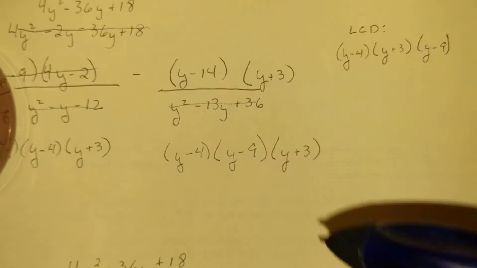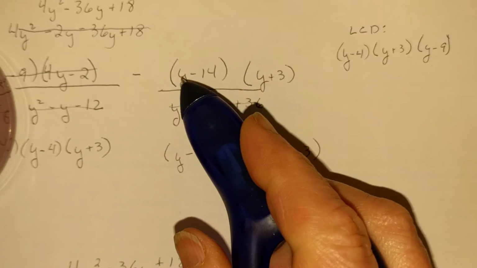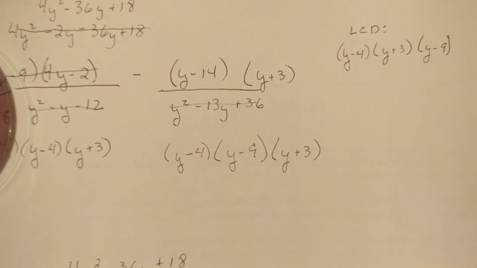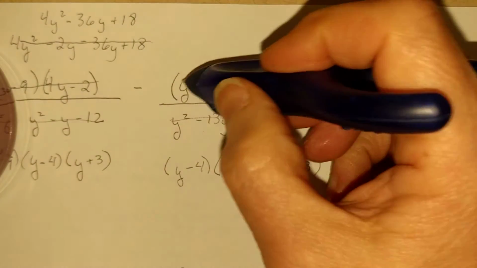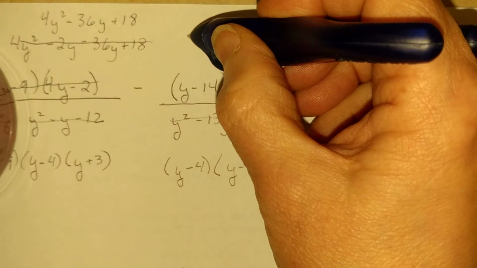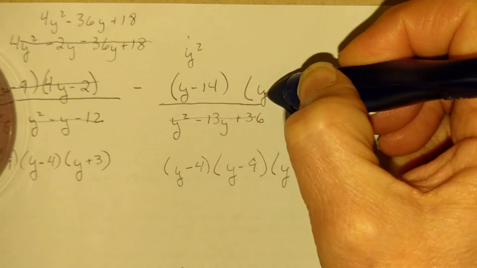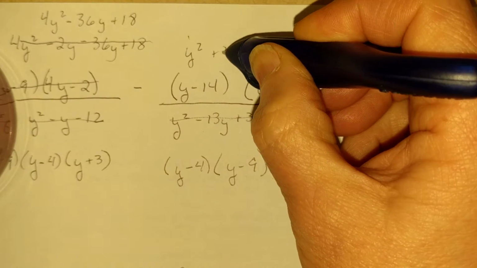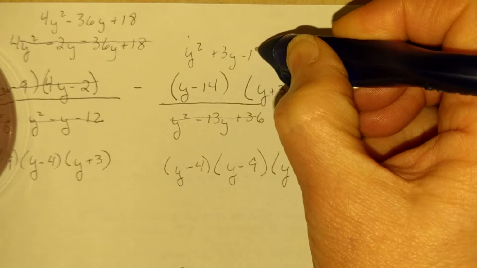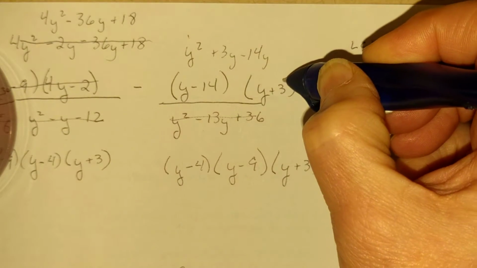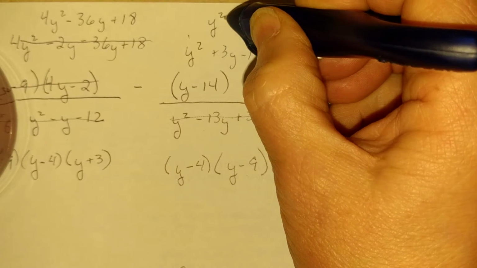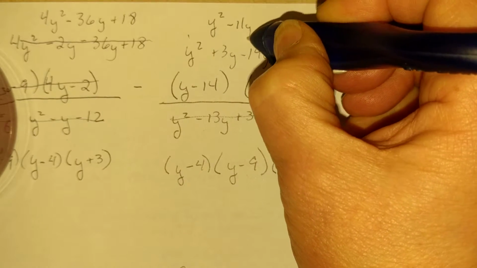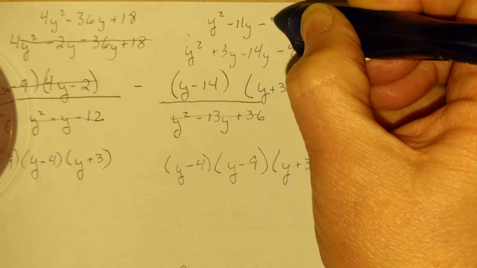Again, I'm going to make sure to put parentheses around this term to make sure that I distribute properly across the whole term. So this is going to give me y squared plus 3y minus 14y minus 42, which is going to give me y squared minus 11y minus 42.